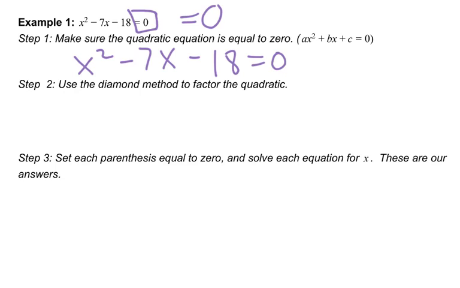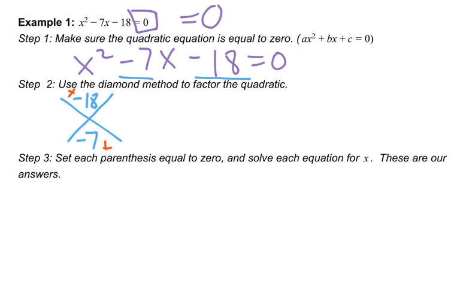The second step is to use the diamond method to factor the quadratic. And you should have done the diamond method in the last part, but just a brief reminder, we always put the c value on top of the diamond, so negative 18 goes up there, and we're going to put the b value on the bottom, and we want two numbers that times to the top and add to the bottom number.